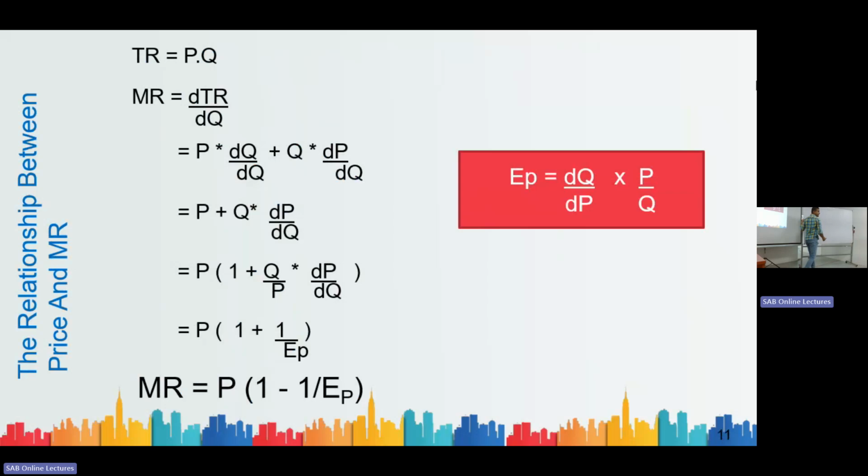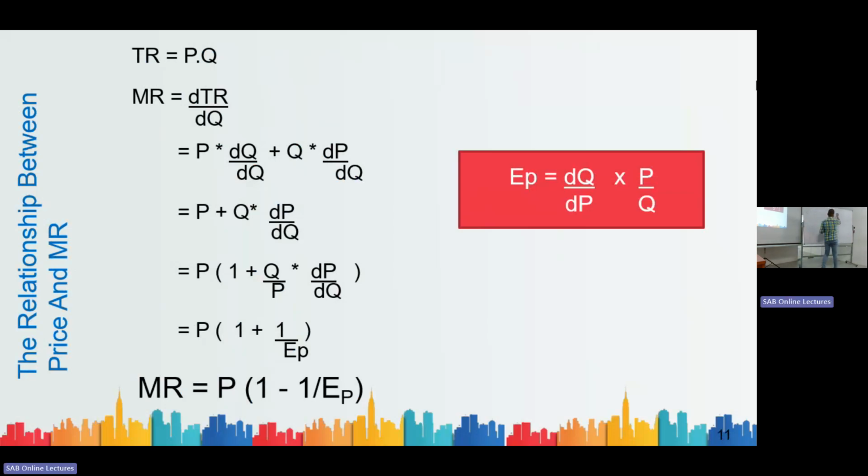What is the basic equation for this? We denote it as EP. EP, price elasticity of demand, equals delta Q over delta P into P over Q.